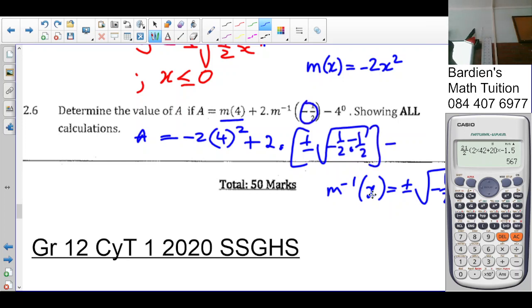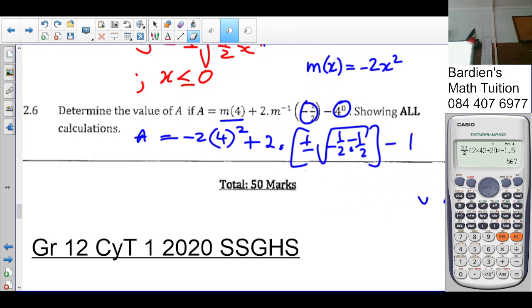Minus 4 to the 0. And what's 4 to the 0? 4 to the 0 is 1. Anything to the power 0 is 1.